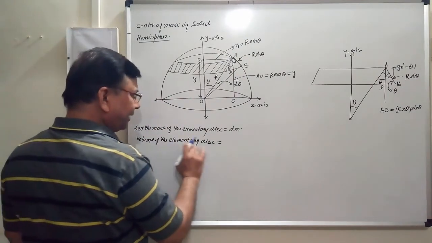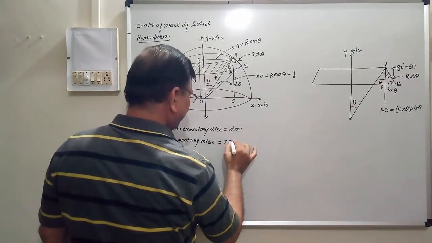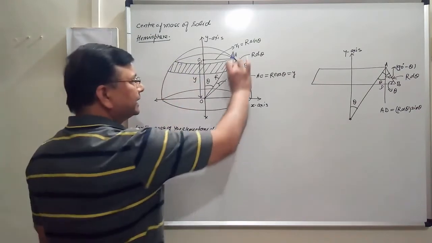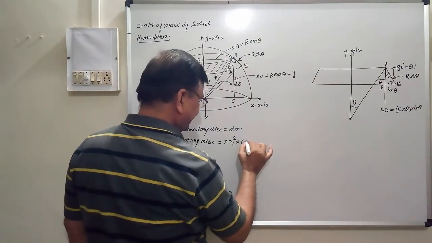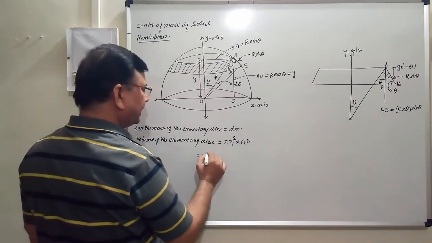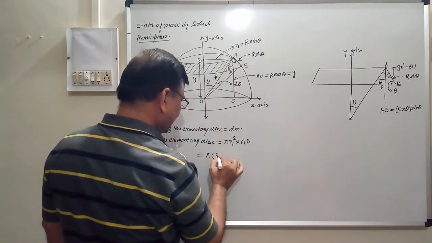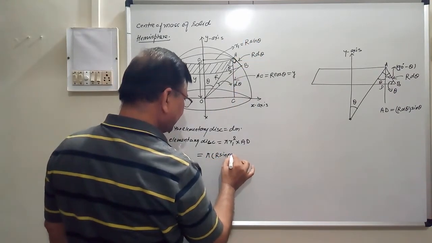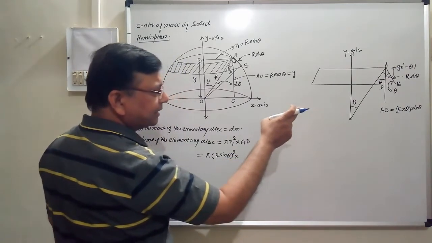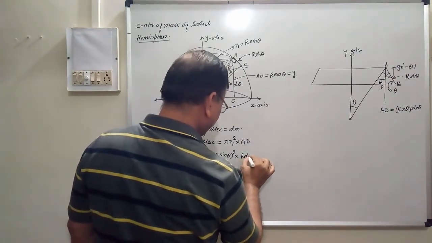So the volume of the elementary disk is pi r1 square into AD. r1 is r sin theta, so pi times r sin theta square into AD, which is r d theta sin theta.